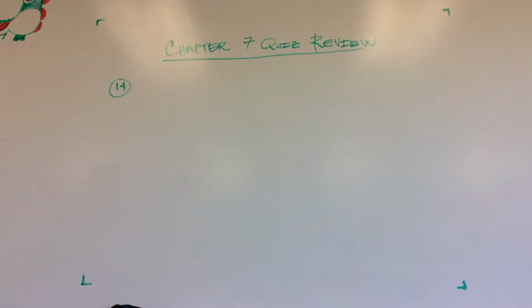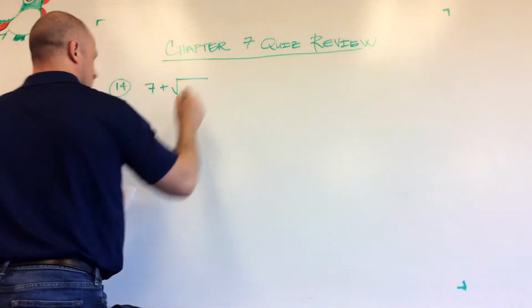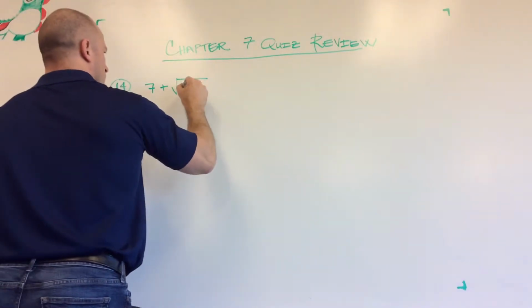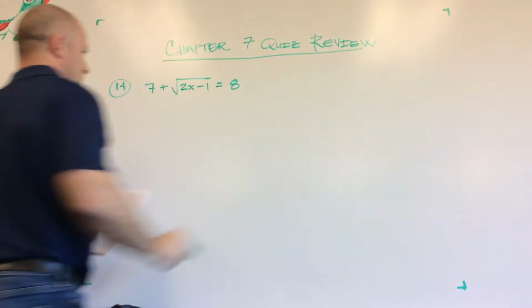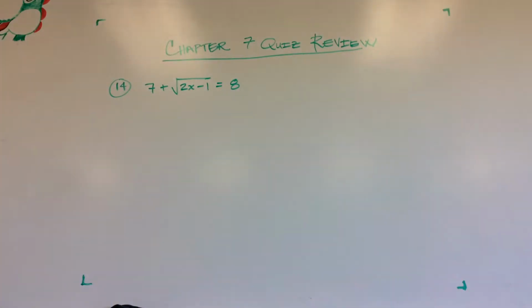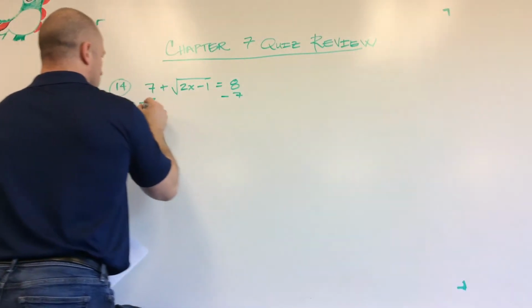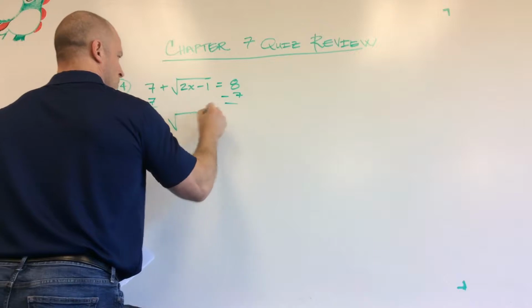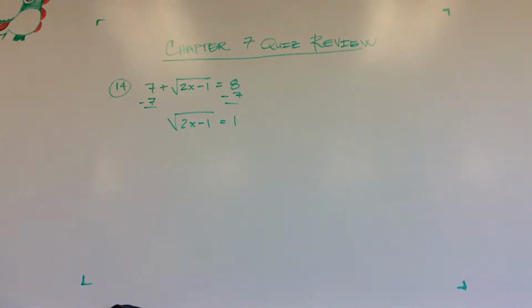Problem 14 gives us a similar problem. Again, the first step that we want to do is isolate the radical. So we'll subtract 7 from both sides. We get that expression.